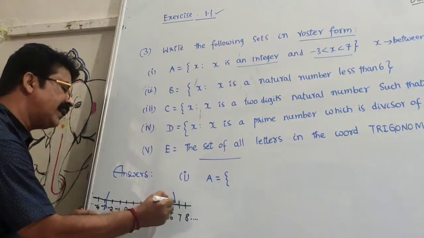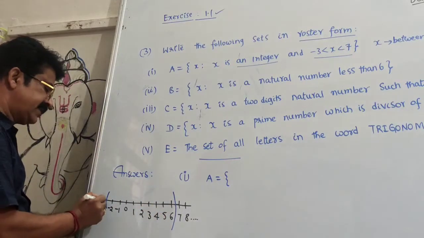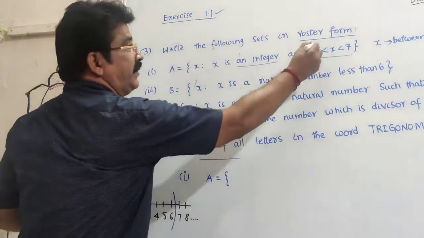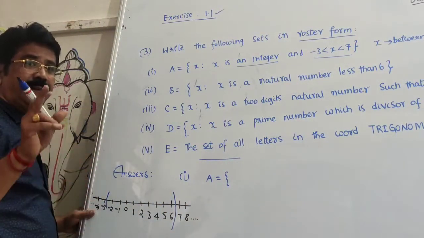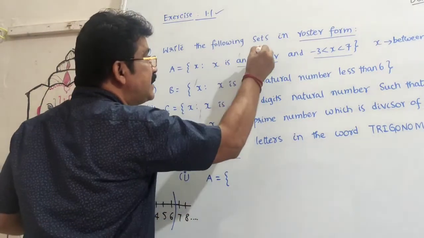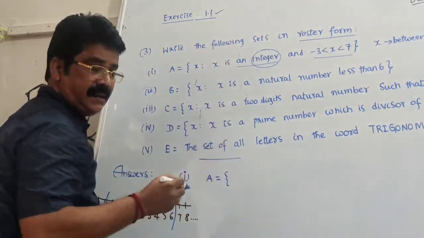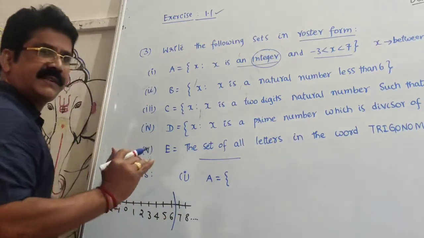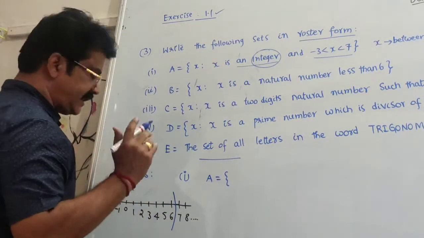This is called between -3 to 7. This is the first condition. What is the second condition? It should be integer. Means in this area how many integers are there and what are the integers?